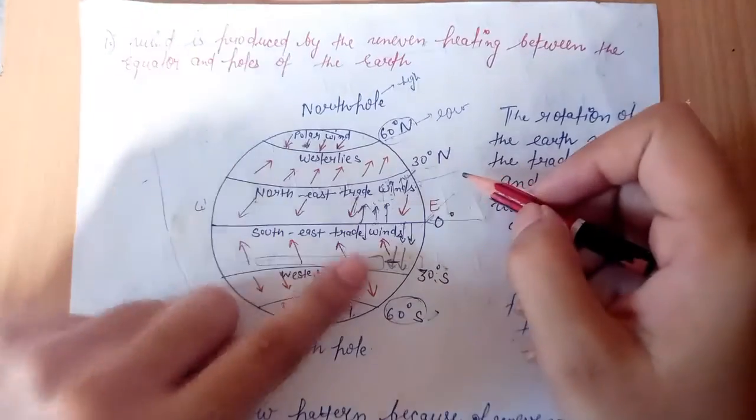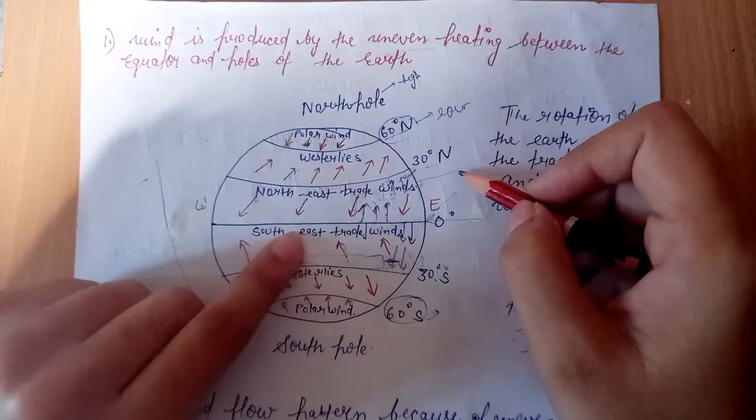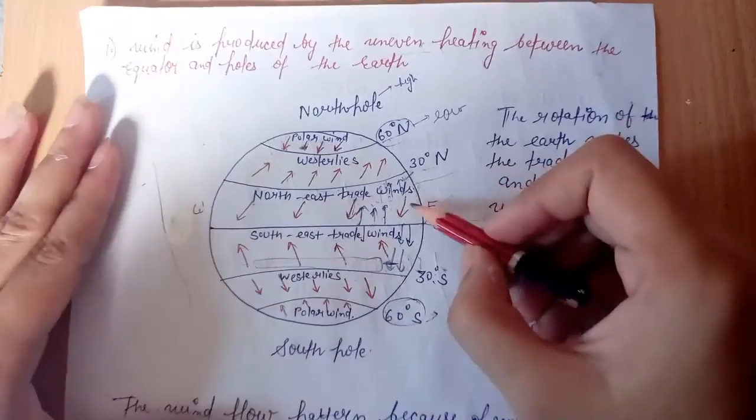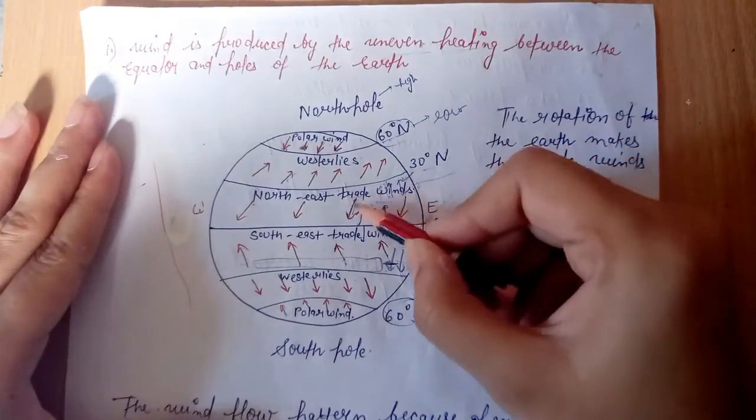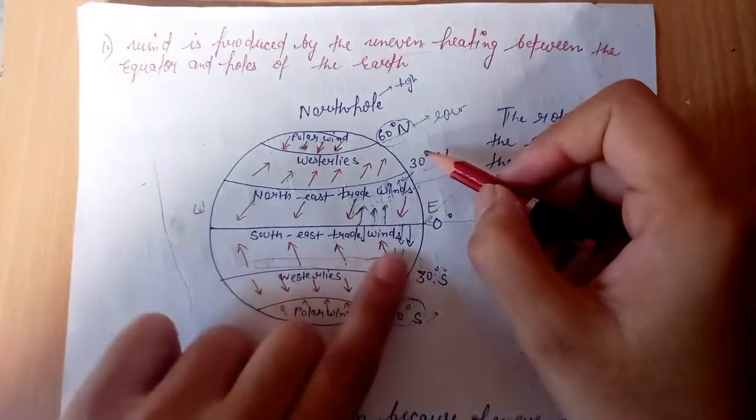The red symbols show the direction of the northeast trade wind and southeast trade winds.